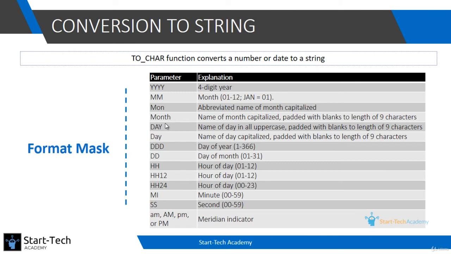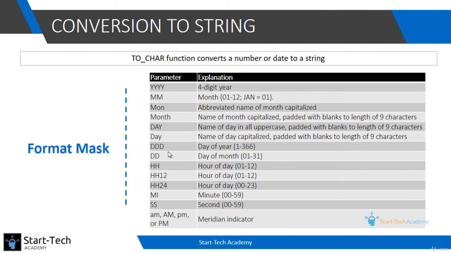That's how we saved our dates in our table. When you are saving it as a string, you have the option of getting the date in a particular format. So for example, if you want the name of the month written completely, you can just write month. So instead of 07, it will write as July.